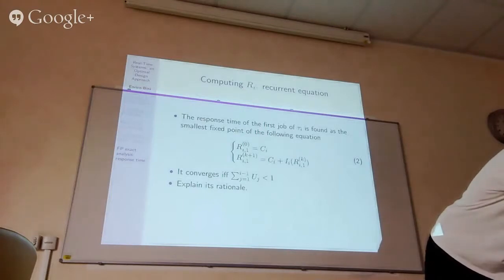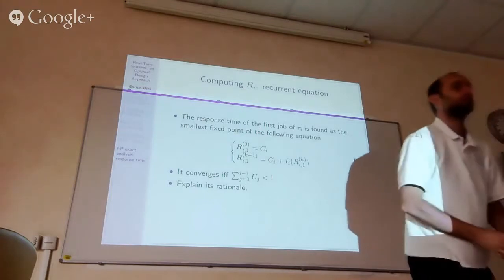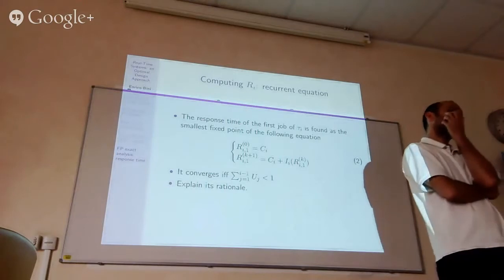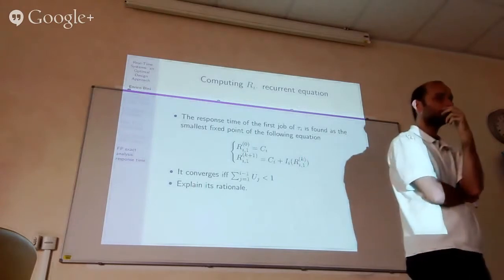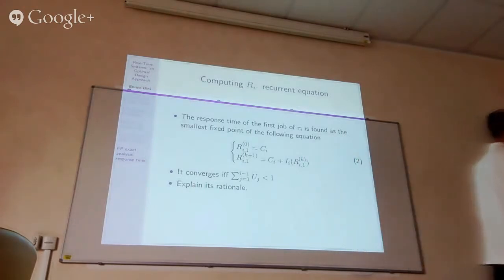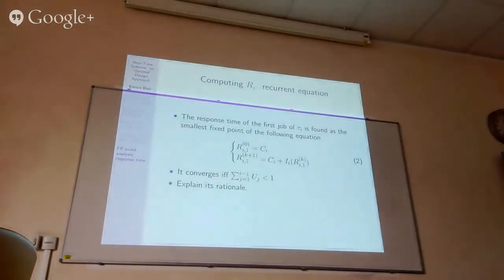Actually, I have one confusion about this equation. At step k, we compute Rik, and in the next step, we compute the interference in this Rik plus the execution time, and we get the new Rik plus 1.